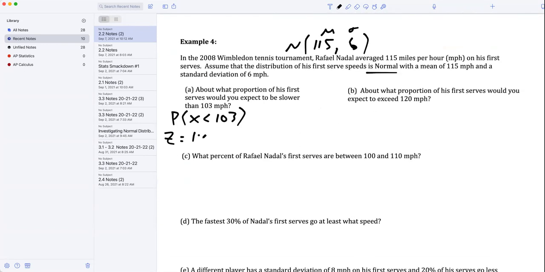So I'm going to do 103 minus the mean, which is 115, over the standard deviation, which was 6. That gives me negative 12 divided by 6, so my z-score is going to be negative 2. So I want the proportion of z-scores that are less than negative 2.